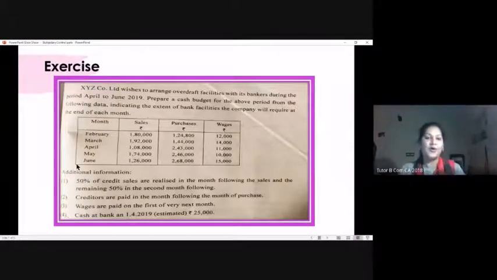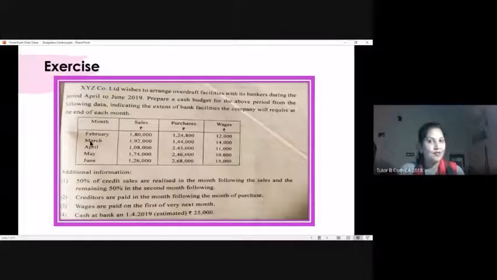All right. Now the next additional information for us is that wages are paid on the first of the very next month. This is simple. As salary we normally get it at the beginning of the next month, and the same concept applies here. So a person working for February will be paid in the month of March.